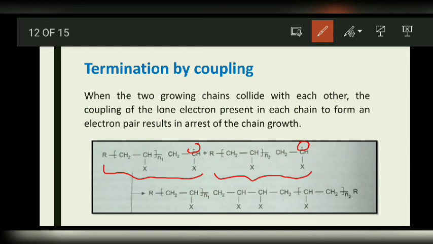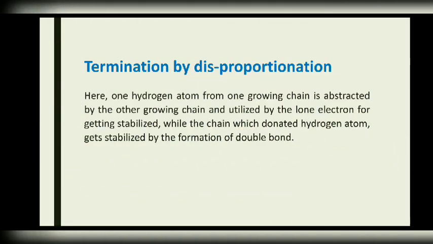When these two chains collide with each other, what happens? These unpaired electrons get paired up and form a bond, right? Therefore, this longer chain will be formed. Here you can observe there is no active site, right? So polymerization cannot continue further. This is how the chain gets terminated here, right? This is the termination by coupling of two growing chains.